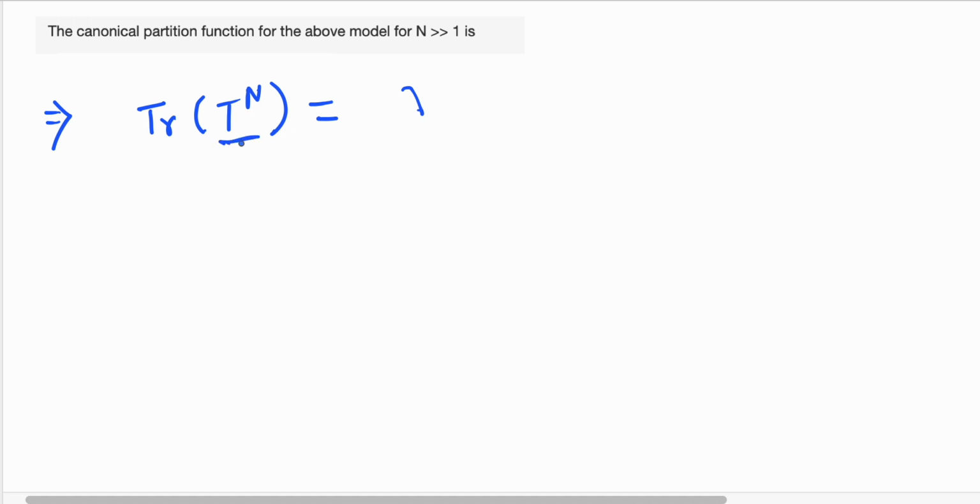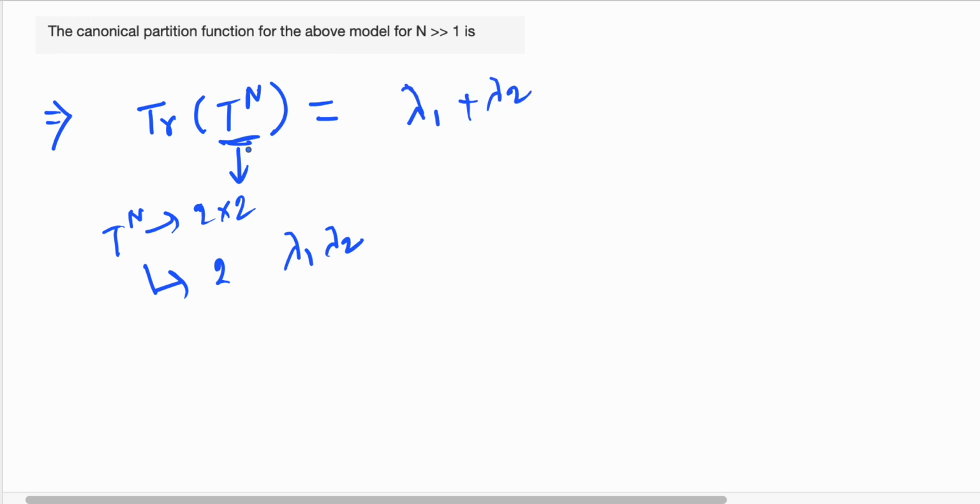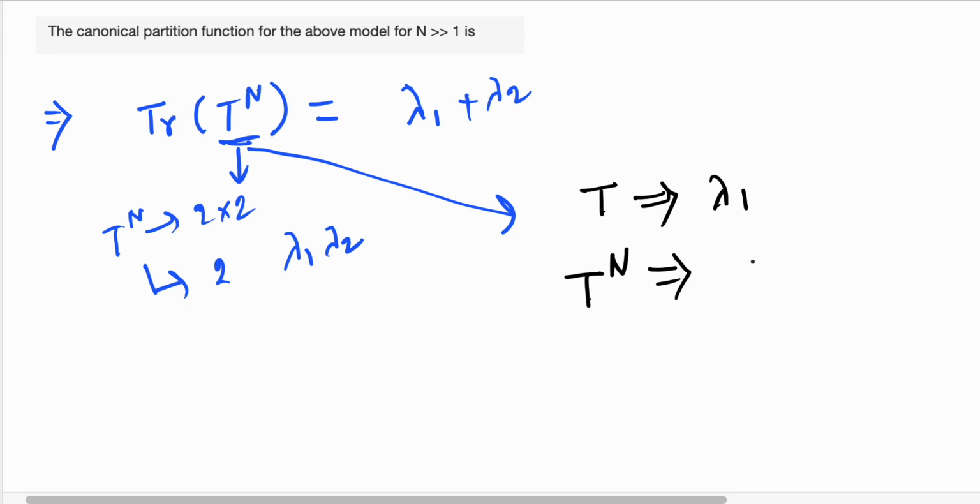Since this is a 2 by 2 matrix, for T to the power n there will be two eigenvalues. Suppose they are lambda 1 and lambda 2. The trace is the eigenvalue sum, and if the eigenvalues of T are lambda 1 and lambda 2, then the trace of T to the power n will be lambda 1 to the power n plus lambda 2 to the power n.